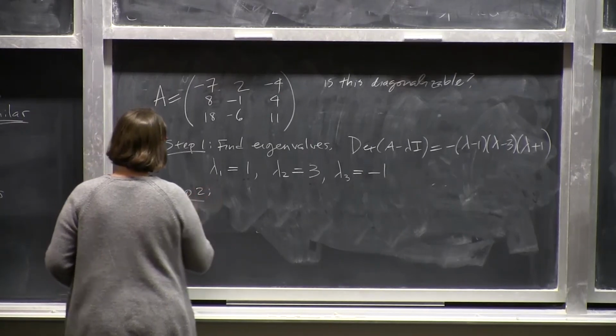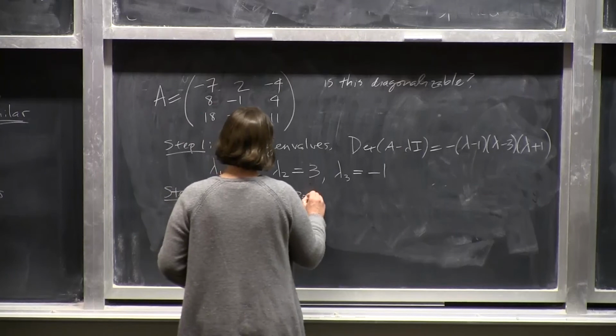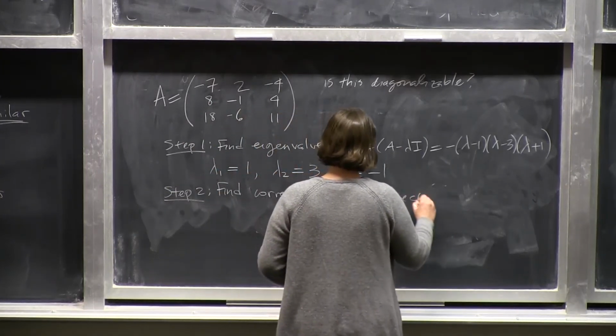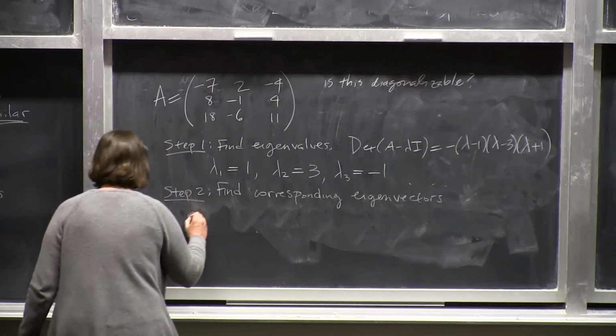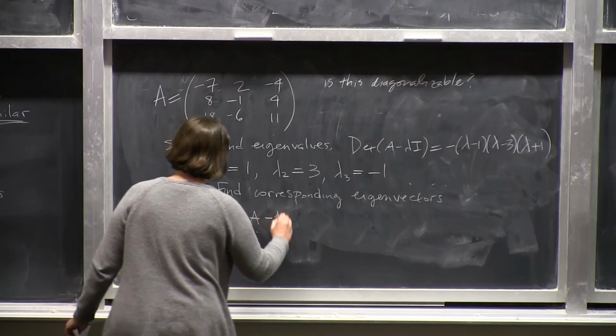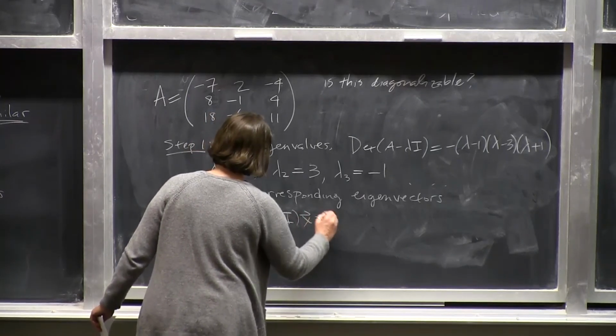Step 2, find corresponding eigenvectors. So first I had to solve A minus 1 times the identity times x equals 0.